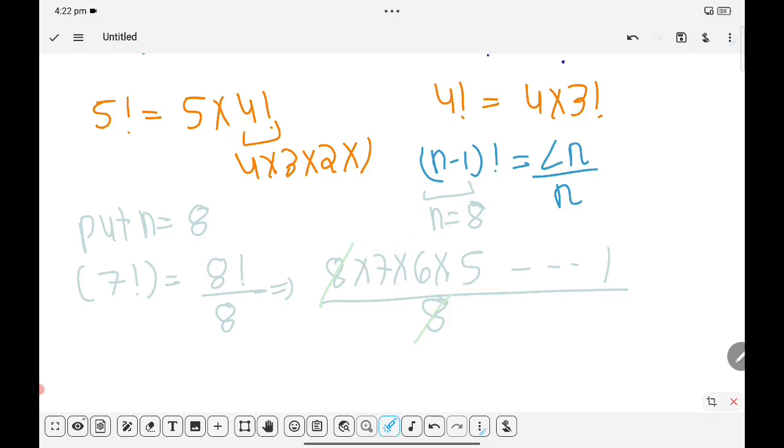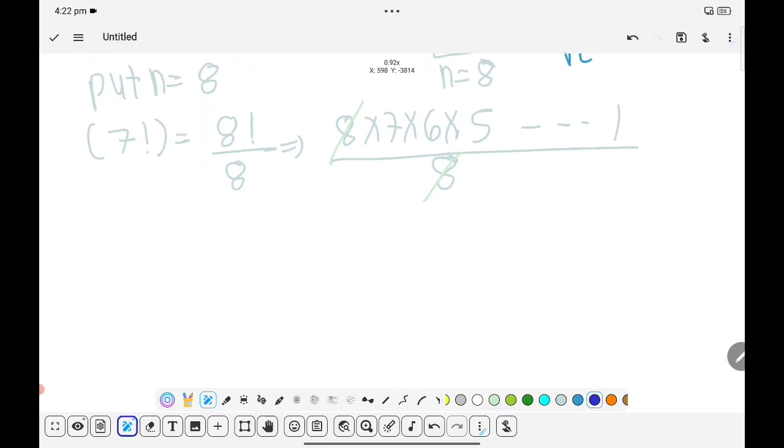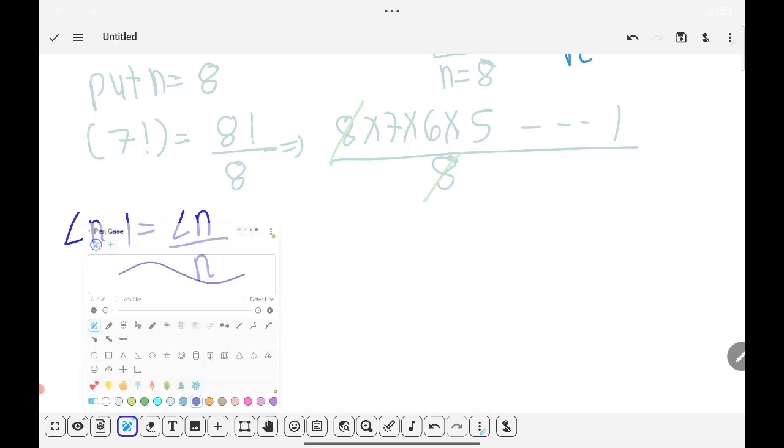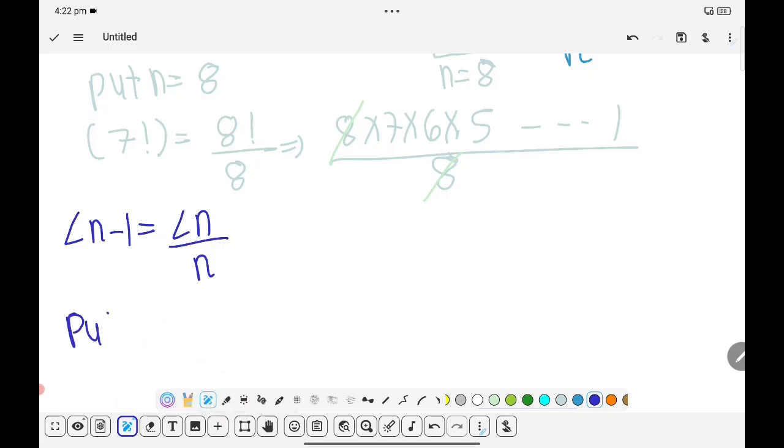So now we need to find the value of 0 factorial. So here we will put n equal to 1 so that I can get 0 factorial. So the formula is n minus 1 factorial equals n factorial divided by n. Here I put n equal to 1.